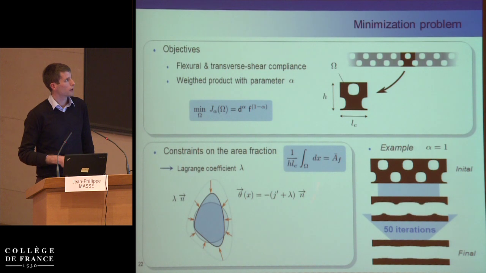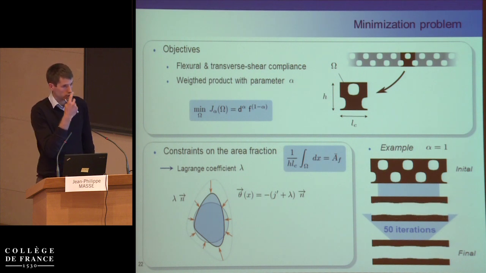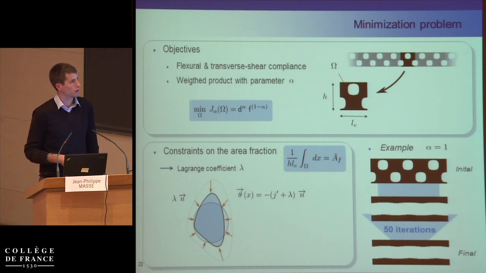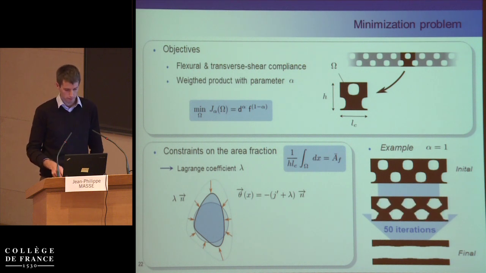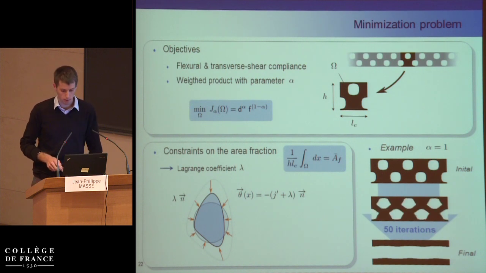Then we add a constraint in order to keep the same weight, because finally we want to get better stiffness with the same volume of matter. And this is an example with a value of alpha equal to 1.